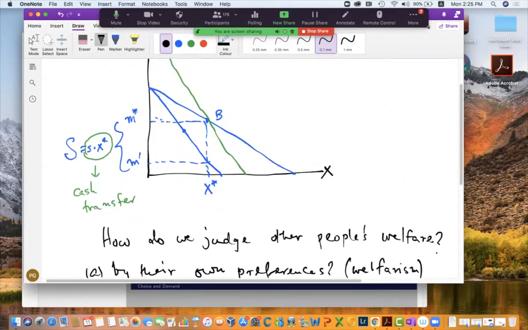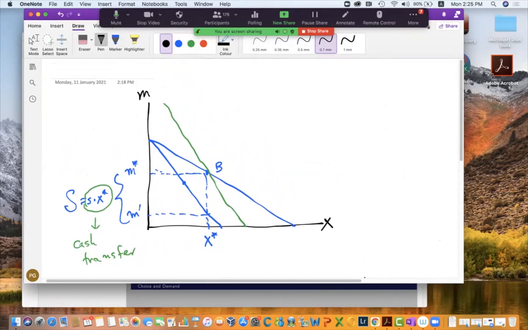But suppose the government has its own utility function for the recipient, which is basically X, let's say. Let's take a simple extreme form, that the objective is not to make this guy happier, but to make him healthier, or better fed. So the government is trying to maximize X.